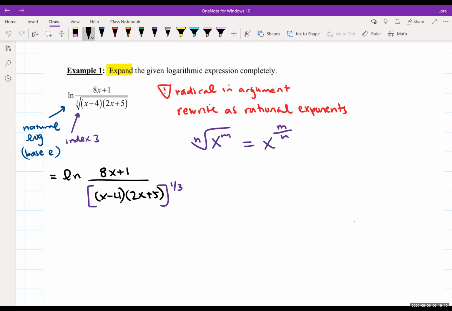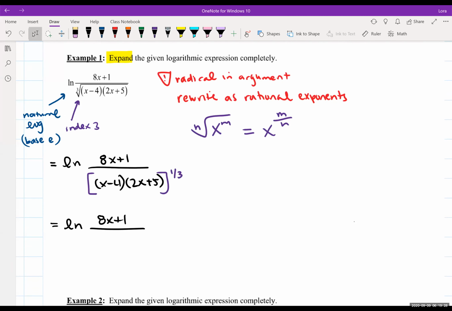So now it's kind of up to you how you want to deal with this. You could either look at the fact that you have a fraction and then break it apart. Sometimes what I like to do is simplify the rational exponent a little bit more. So I still have natural log 8x plus 1. But if you remember one of the properties, if you had a product of factors taken to a power, then you can raise each factor to that power as well.